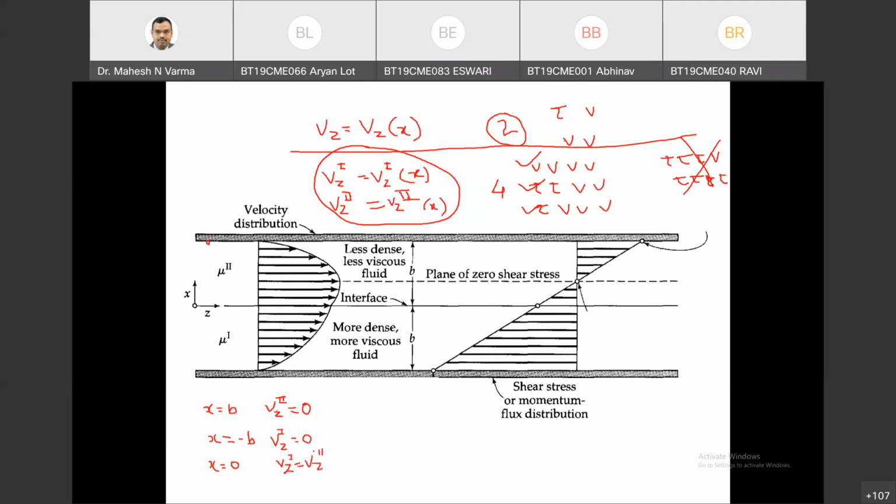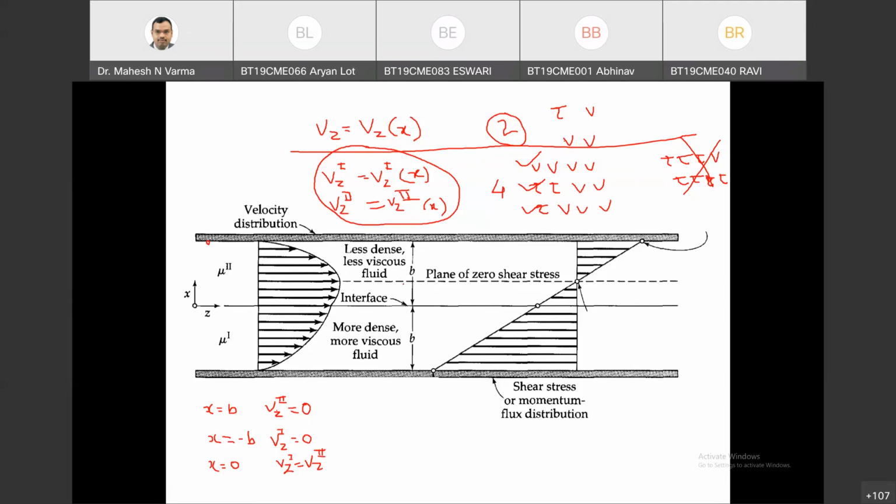This is the modified no slip boundary condition. And the fourth condition? At maximum Vz, the stress, tau, will be 0.